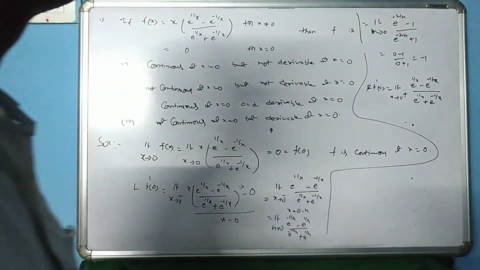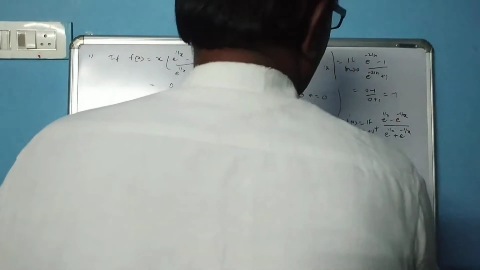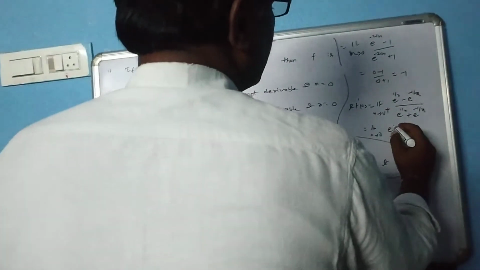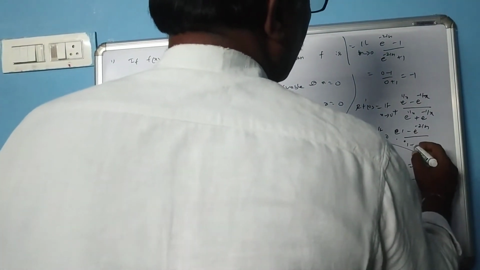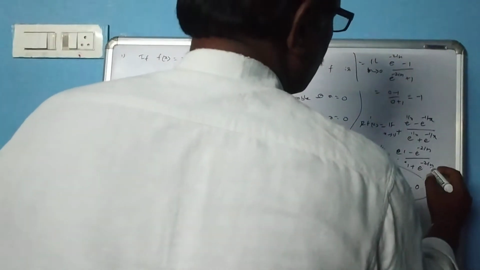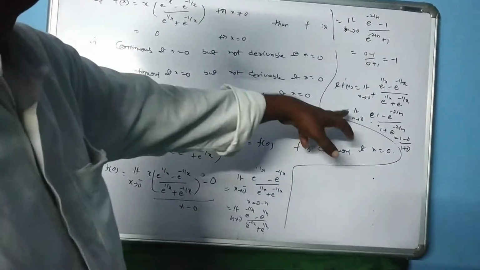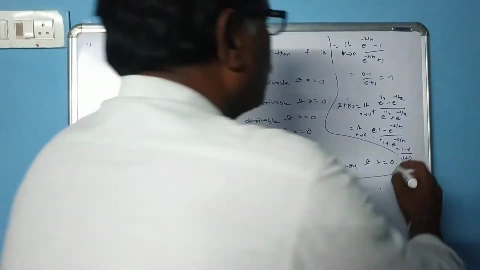The same thing will happen. As h tends to 0, we get (1 - e^(-2/h)) / (1 + e^(-2/h)) = (1 - 0) / (1 + 0), because as h tends to 0, e^(-2/h) is 0. That is why it is 1.